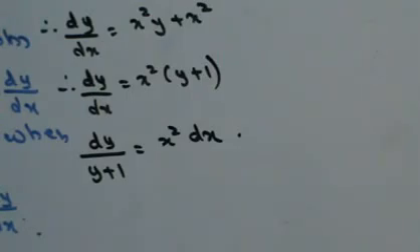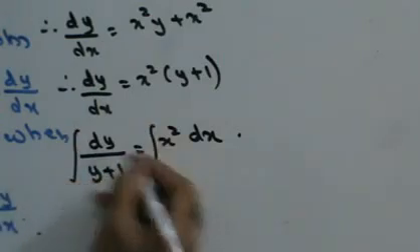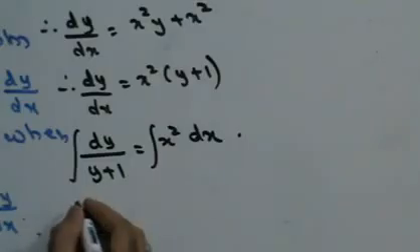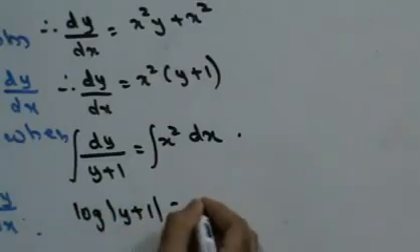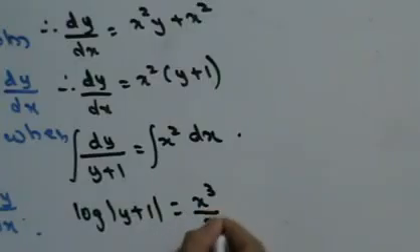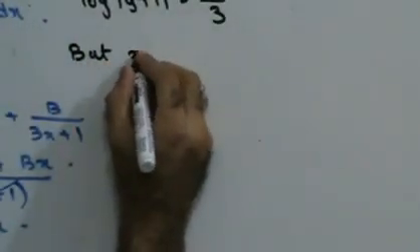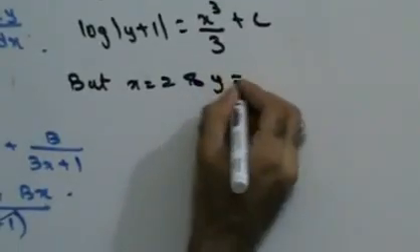x together, y together, integrate. Right? So this is going to be nothing but log mod y plus 1 is x cubed by 3 plus c. But it is given to you that x is 2 and y is 4.